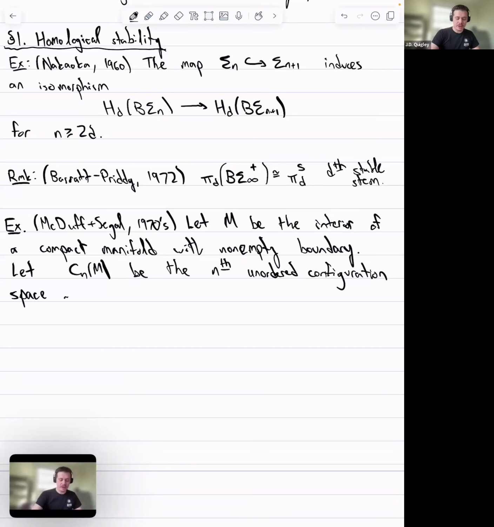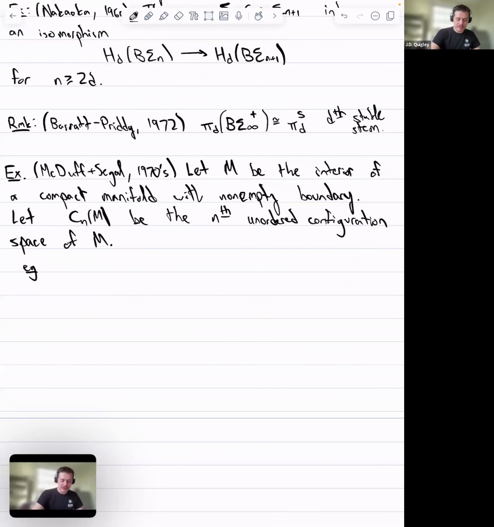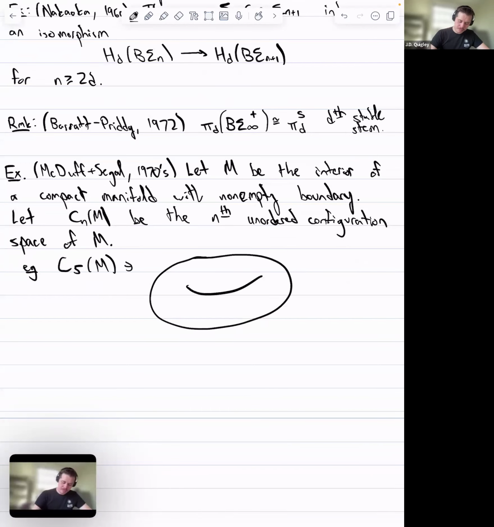So for instance, let's look at C_5 of M. Maybe M is something like a torus. And sitting inside of there, I have a configuration of 5 points. And it's an unordered configuration because I'm not labeling the points. I'm not giving any point priority over the others.